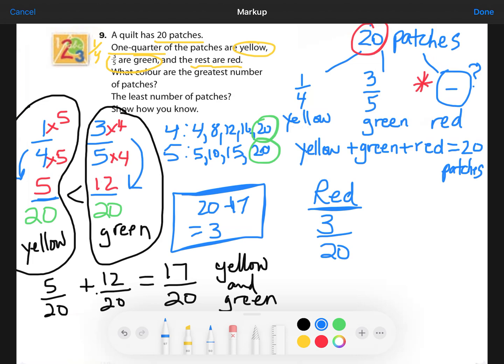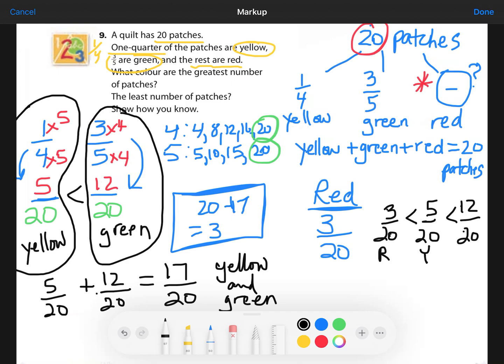So now I have 5 out of 20 are yellow, 12 out of 20 are green, 3 out of 20 are red, and we can write them in order if we like. Let's say we can go in order from least to greatest. 3 twentieths are red, and that is less than 5 twentieths, which are yellow, which is less than 12 twentieths, which is green.